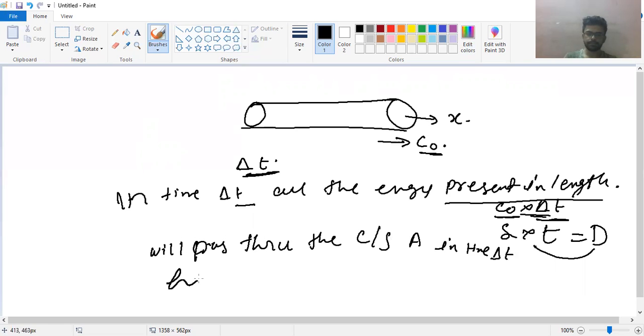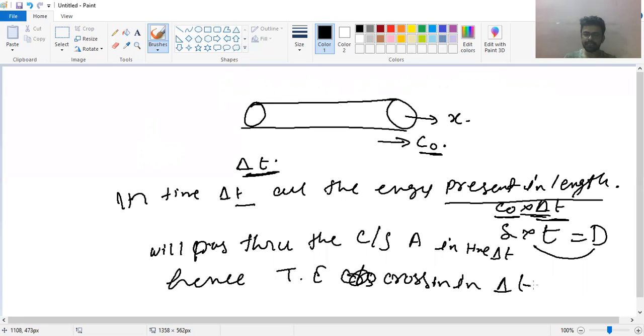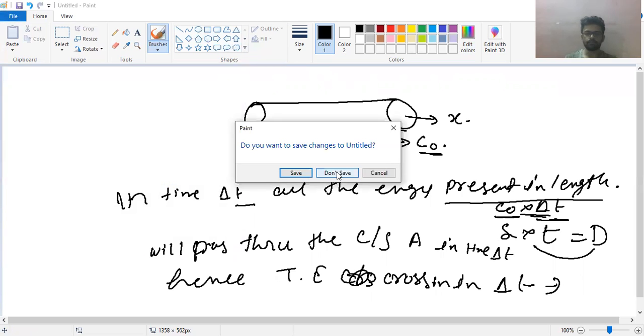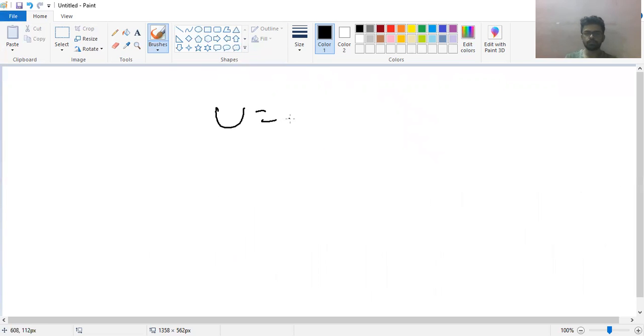Hence, the total energy crossing in this time delta t will be equal to U, the total energy.